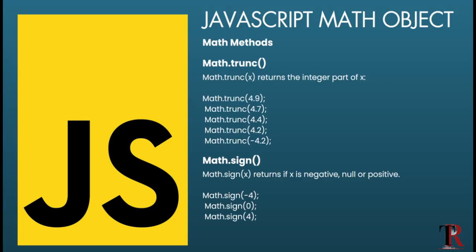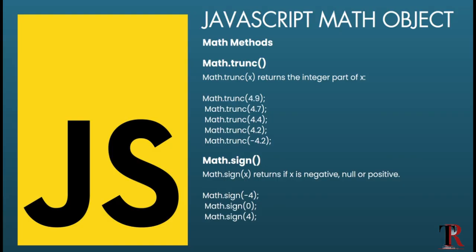In the last lesson, we looked at the Math.floor and Math.ceil methods of rounding down and rounding up numbers to the nearest integer, and the behavior of these methods with negative numbers. Moving away from that, let's look at two new methods. The first one is the Math.trunc method.